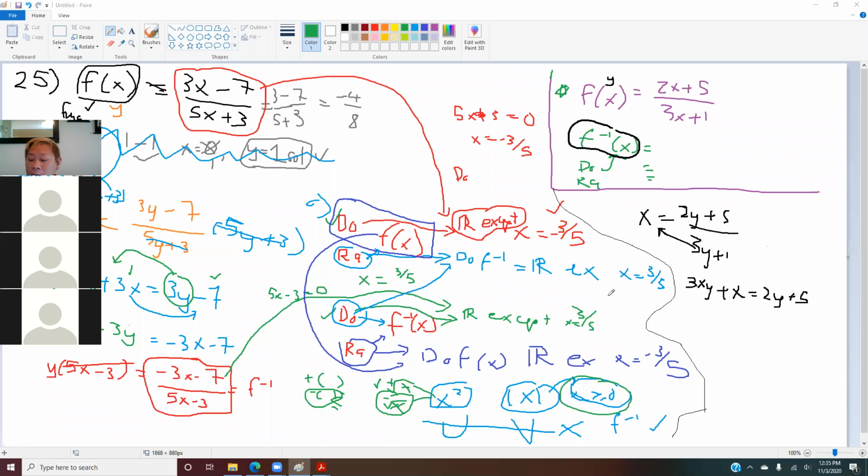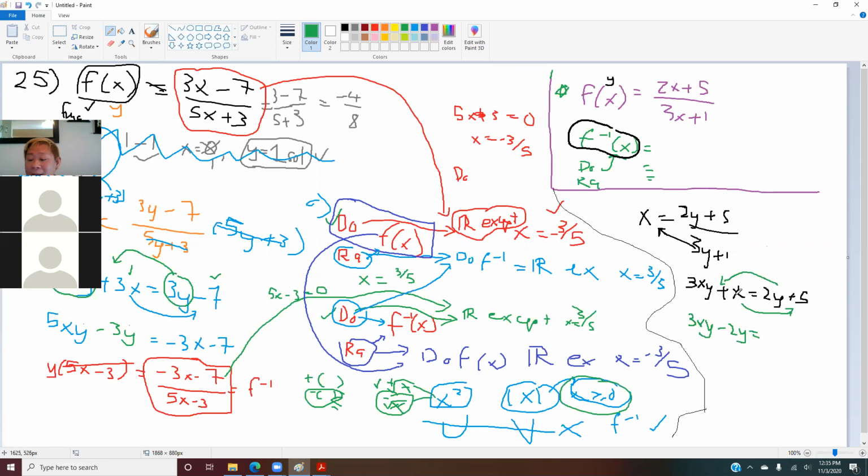Boha, I just need to find the inverse function. So I move the y over here and I move the x over here. So what I have in this case is 3xy here. And since my 2y is positive, when you move it, it becomes negative.